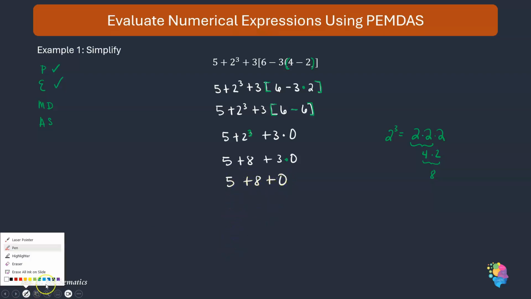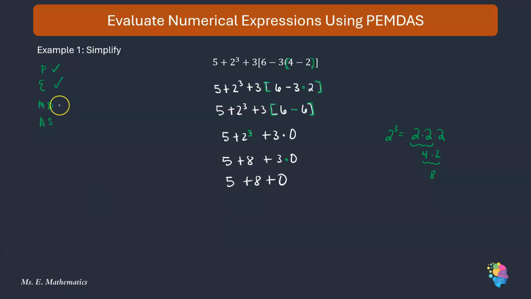Last step, we no longer have multiplication or division, so the only thing left to do is to add or subtract. In this case, we only have addition, so we just have to add 5 plus 8 plus 0, giving us an answer of 13. Almost painless.